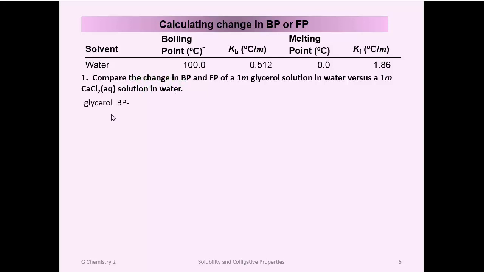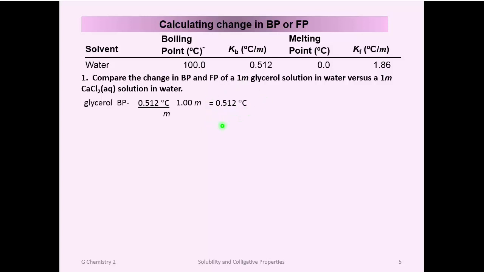So here we go for the glycerol calculation. Remember what you do is take your constant times the molality, and these are both 1 molal. The constant is for water, and in this case we're doing the boiling point, so we choose the boiling point constant, 0.512 degrees Celsius per molal. Work that out, it's pretty easy.